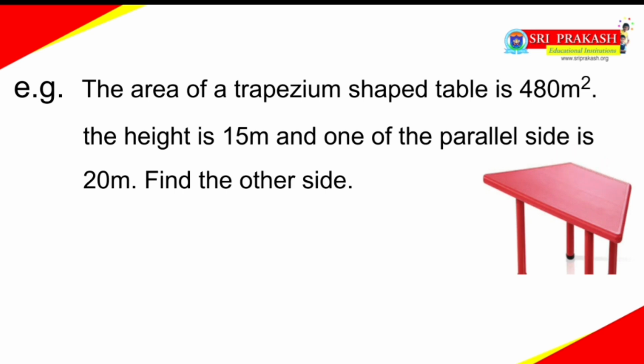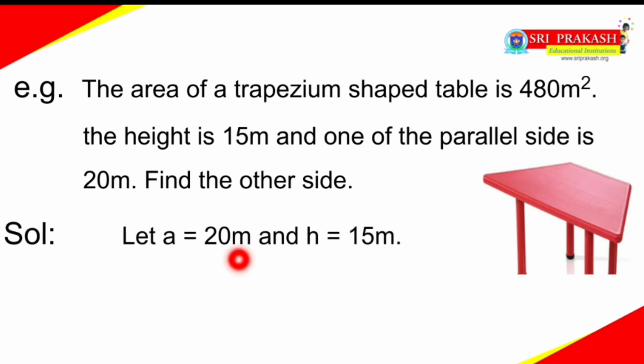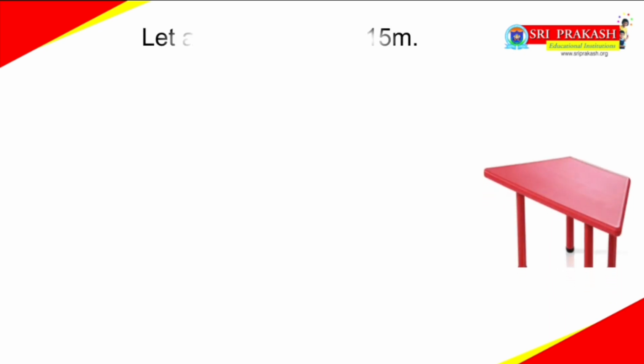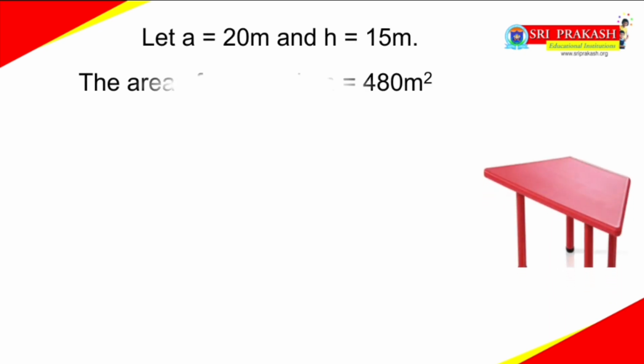So, let us start. According to the problem, let a is equal to 20 meters and h is equal to 15 meters. Next, the area of a trapezium is equal to 480 meters square. Next, children, what is the formula to find the area of a trapezium?